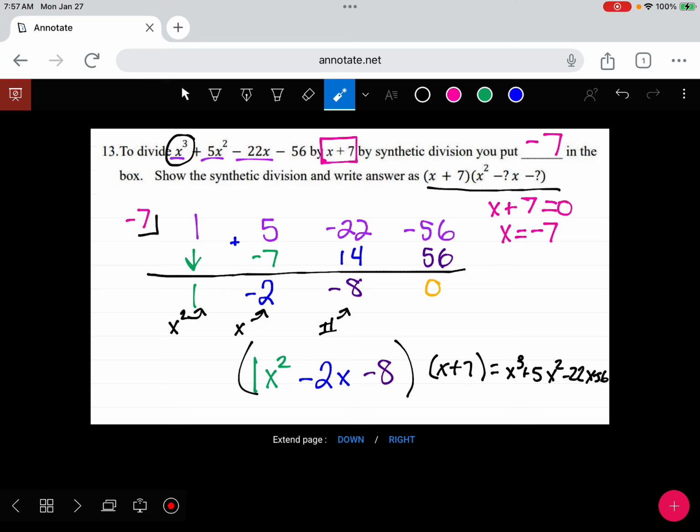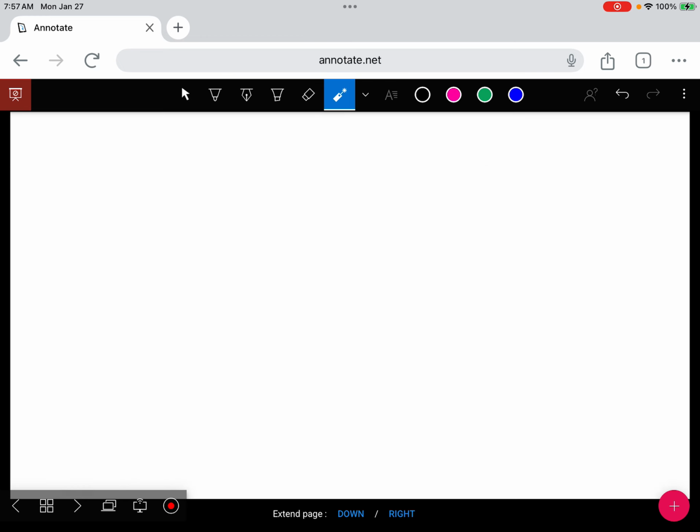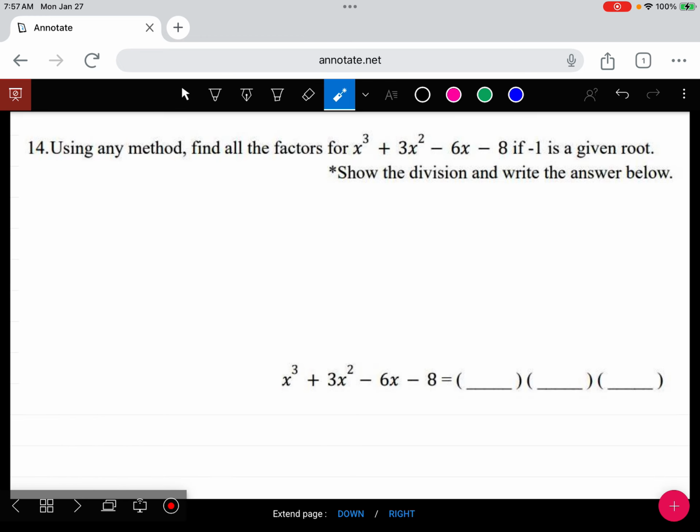So real quick before the announcement bell, I want to show a difference between how we have this piece here, where we gave you a factor, and on number 14, where we don't give you a factor. What we give you is the root. So we're giving you the already solved piece. When we give you a root, that's telling us exactly what goes in the box, -1.